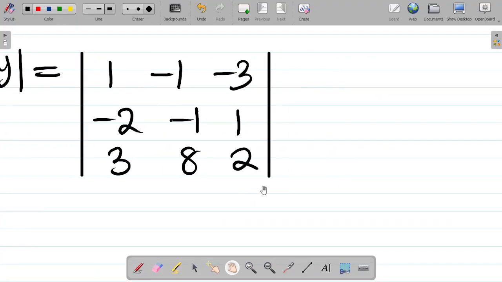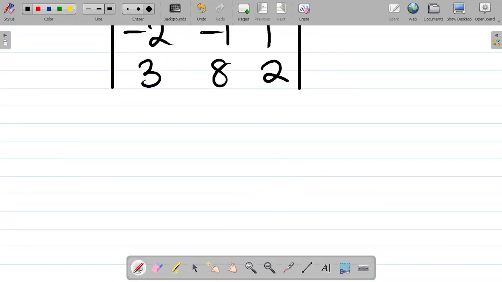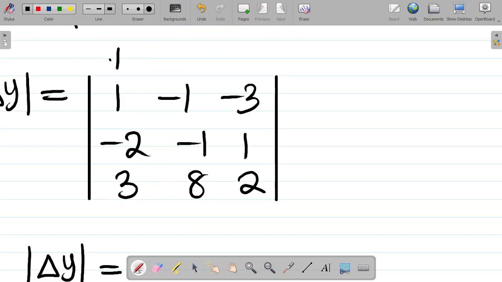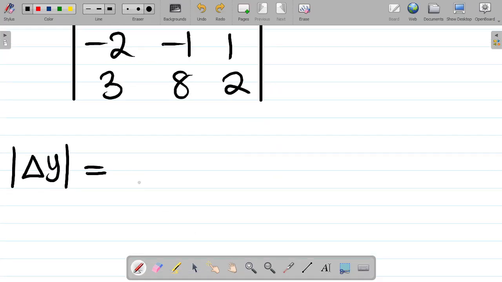Okay, from here, let's take the determinant of this matrix, and this is equal to the determinant of lambda y. First things first, you have plus minus plus, so you have plus 1. Plus 1 is the same thing as me just writing plus. If I write plus here, it simply means plus 1.